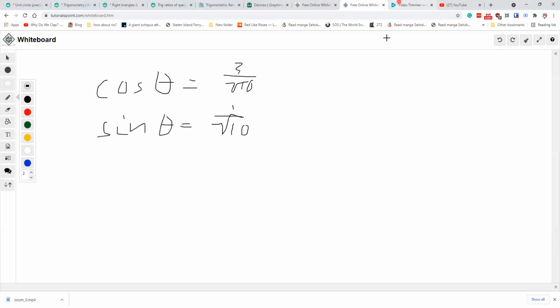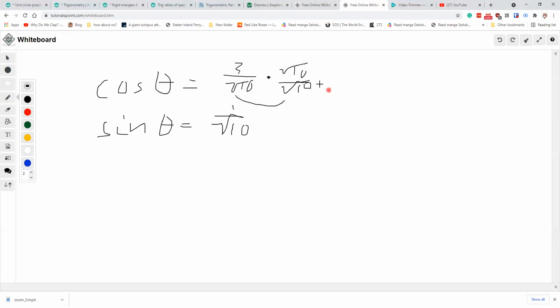And so what people generally prefer is multiplying by these weird long numbers. What people did is what we call rationalizing the denominator. They said, well, let's multiply this by a funky form of 1, and that is square root of 10 over square root of 10. Why? Because what is square root of 10 times square root of 10? By definition, the square root of 10 is a number that, when you multiply it by itself, is equal to 10.